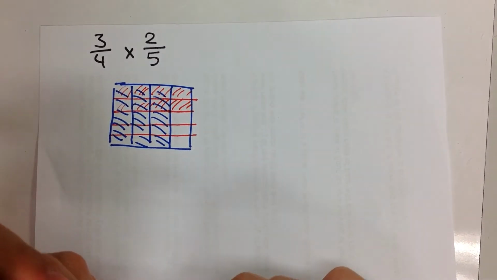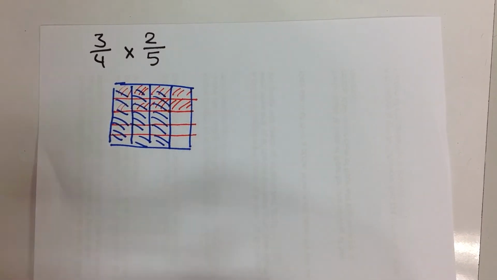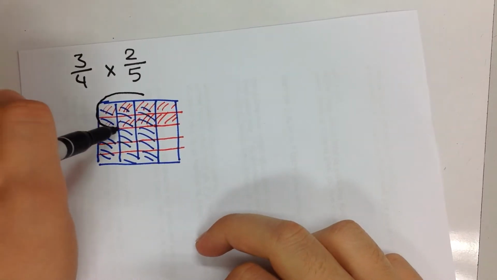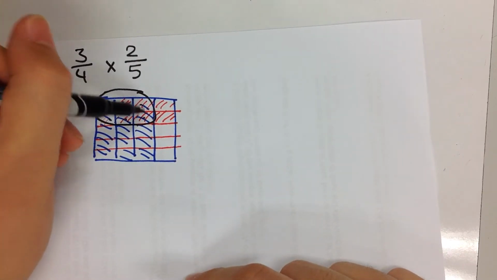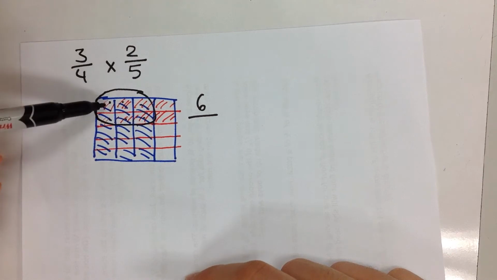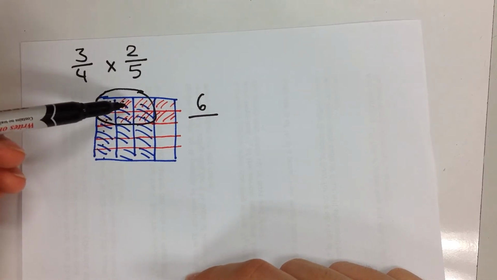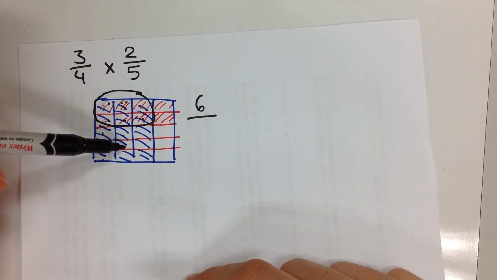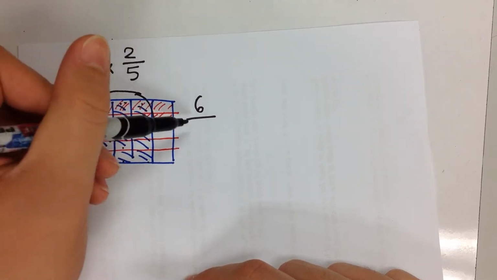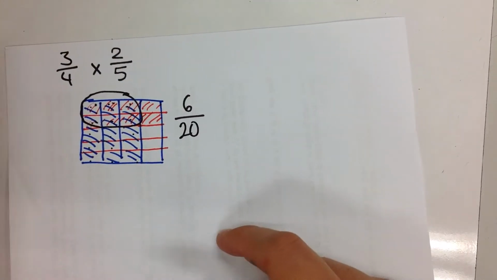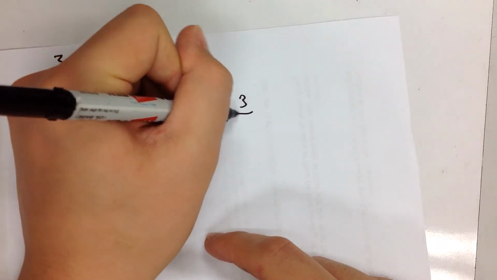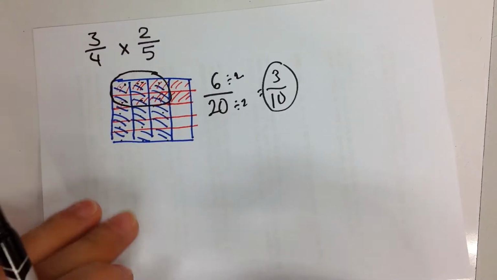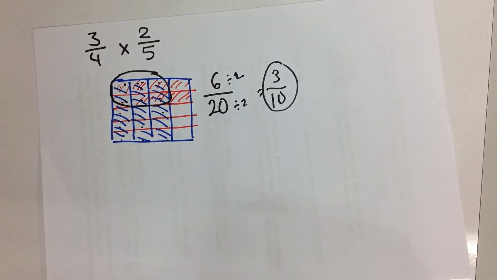Now remember, my product is going to be what was shaded in twice, which are these boxes. And that's 1, 2, 3, 4, 5, 6 out of 5, 10, 15, 20. 6 out of 20. I can reduce by a factor of 2, and I get 3/10 is my product.